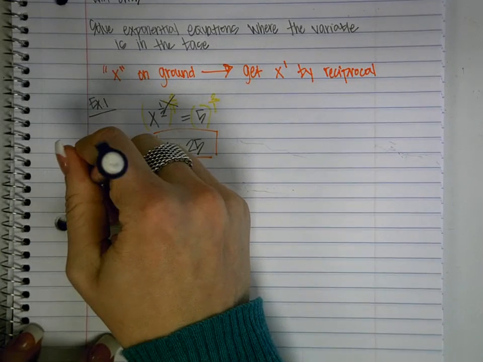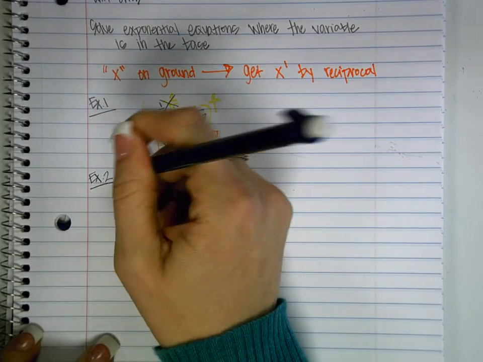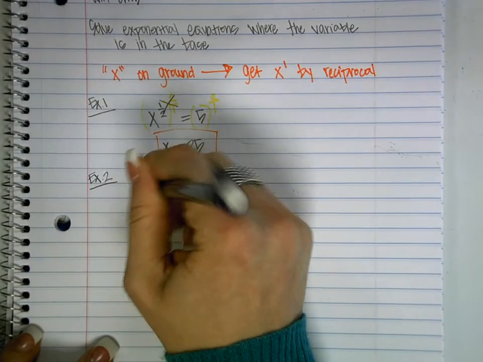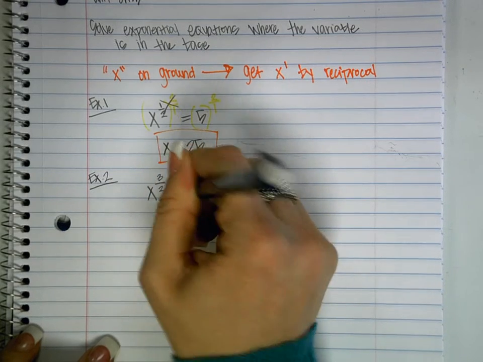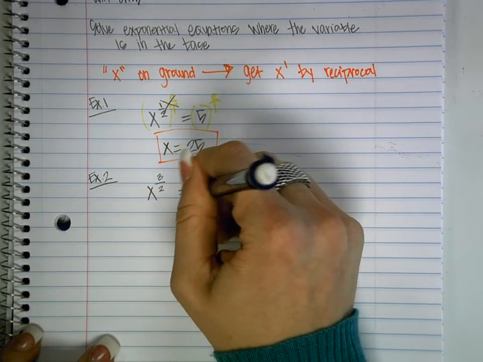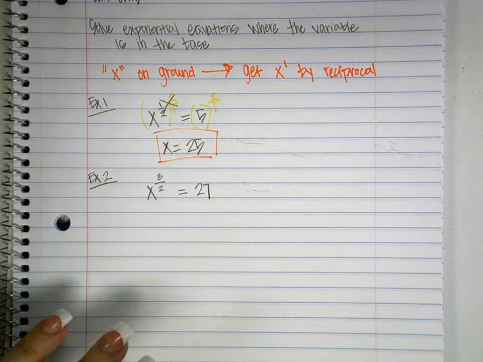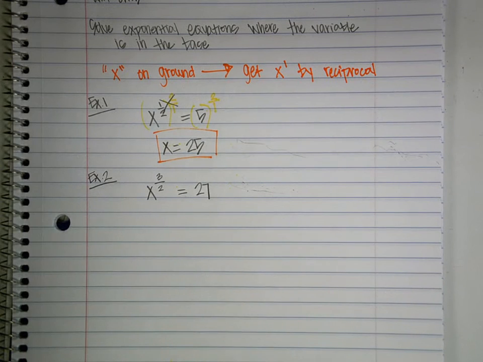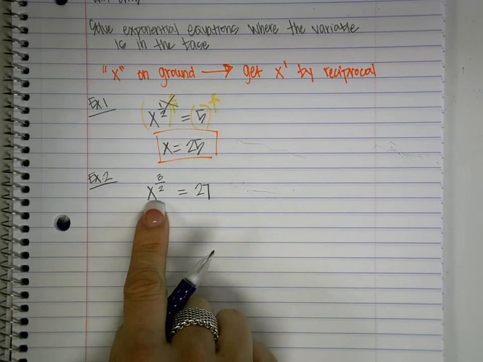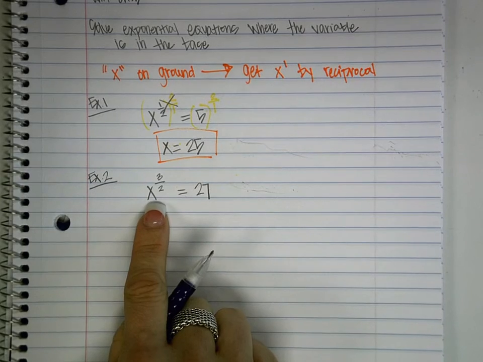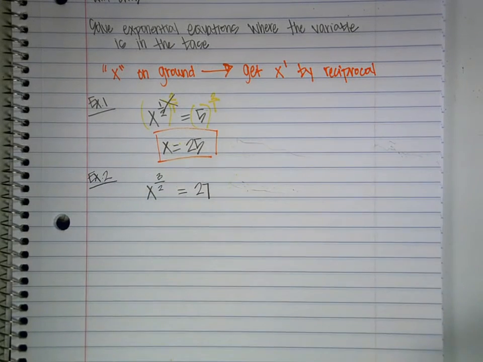Okay, let's try another one. Number 2, same thing. Solve for x: x to the 3/2 equals 27. I don't want to write this in power handle yet. I want to get x to the first, so I want to get x by itself.